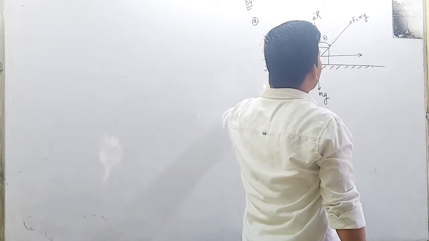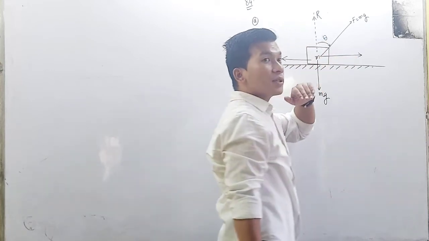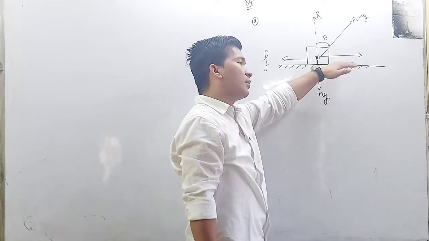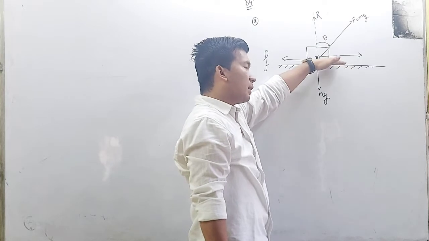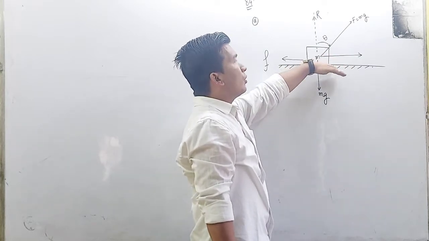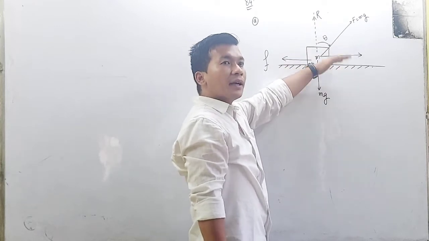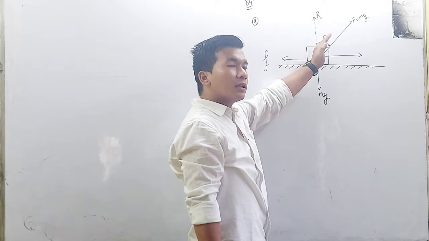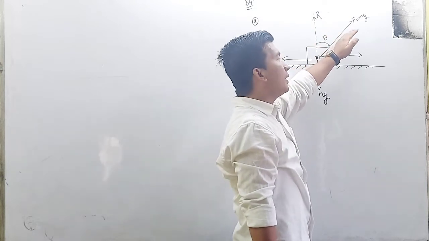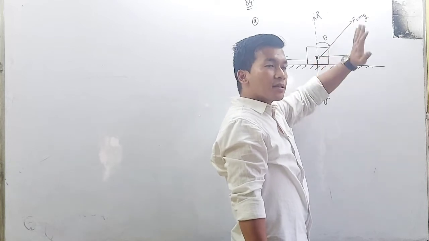There are 4 different forces that act on this body of mass m kept on this rough surface. Number 1, its own weight. Number 2, the normal reaction produced by the surface in contact. Number 3, the externally applied force F equal to mg.